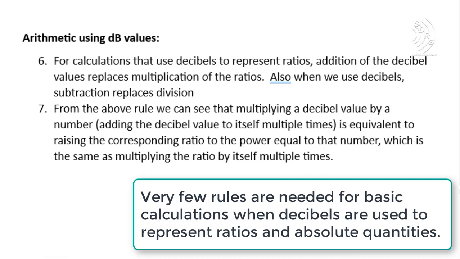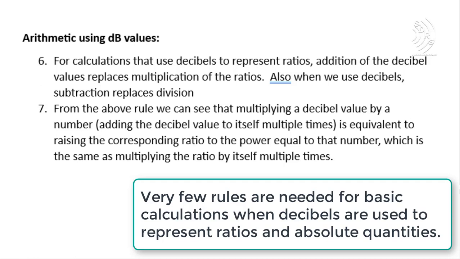We only need to remember a few rules for calculations using decibels. For calculations that use decibels to represent ratios or to represent absolute values, addition of the decibel values replaces multiplication of the ratios or absolute values. Also, when we use decibels, subtraction replaces division.